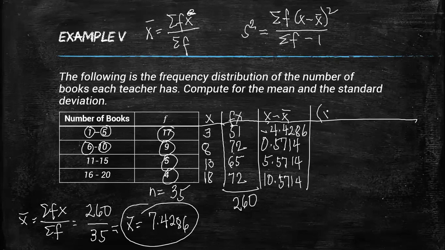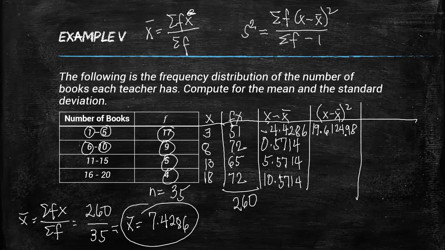Tapos, squared, isa-isa. Ayan. So, negative 4.4286 squared, 6 decimal places lang ha. That would be 19.612498. Next is 0.5714 squared.